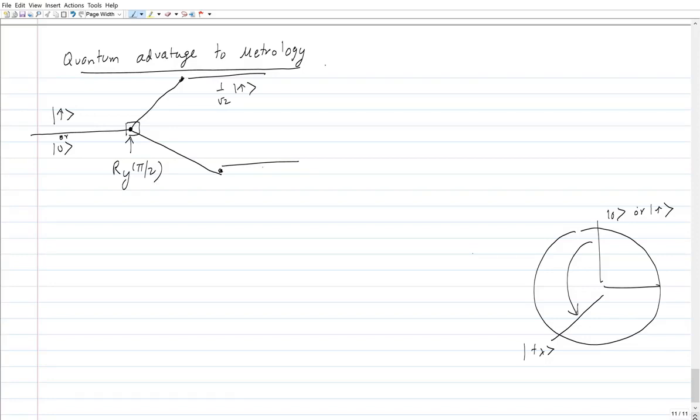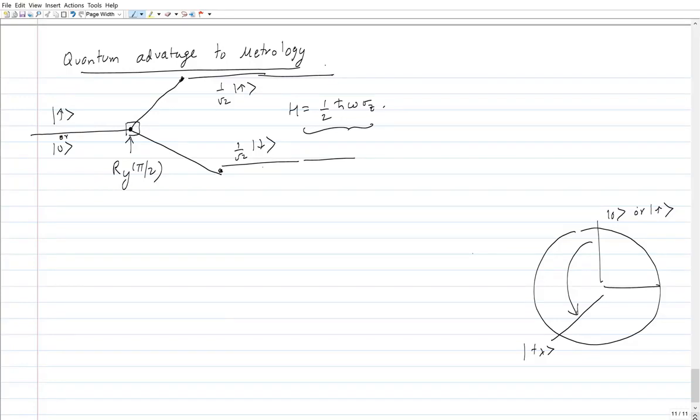I create an equal superposition of up and down, and in the arms of the interferometer, I'm applying the Hamiltonian. So this can be an atom interferometer and these can be the magnetic fields, but essentially the idea is that I have an initial quantum state, I create an equal superposition of up and down.